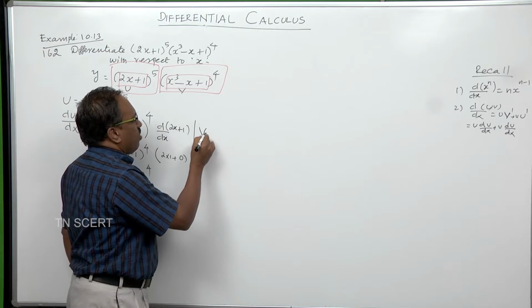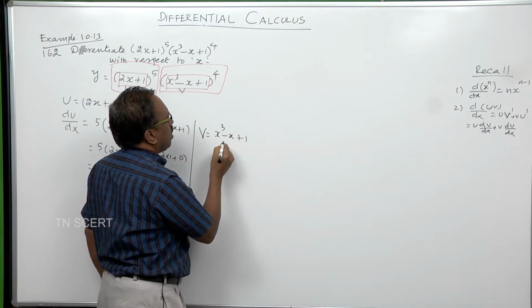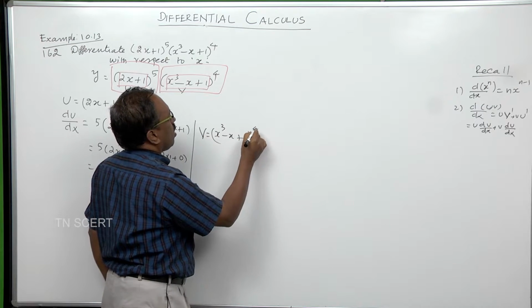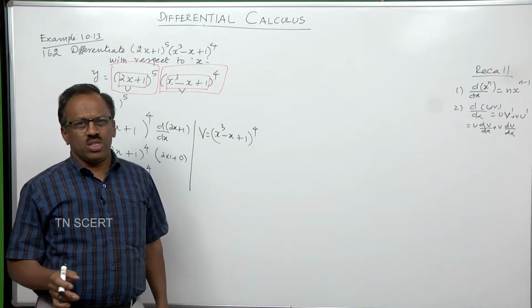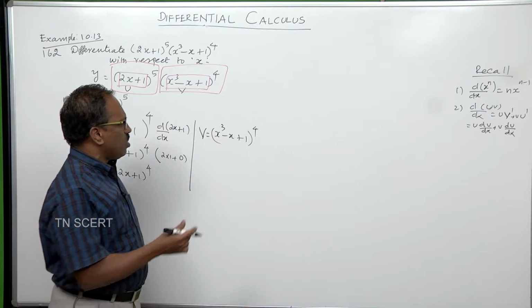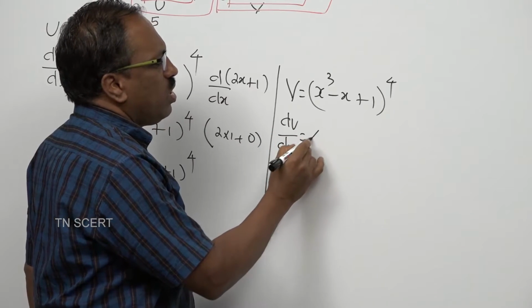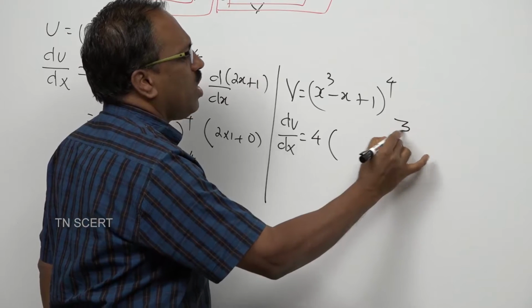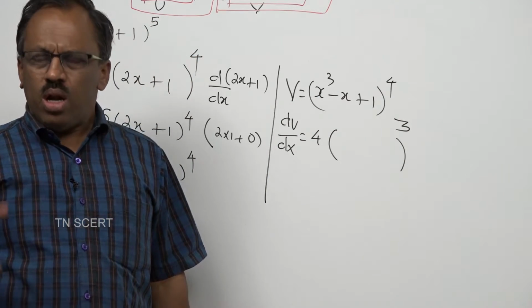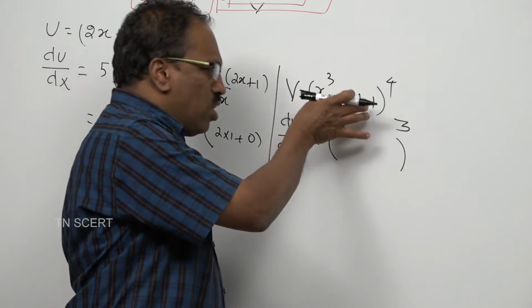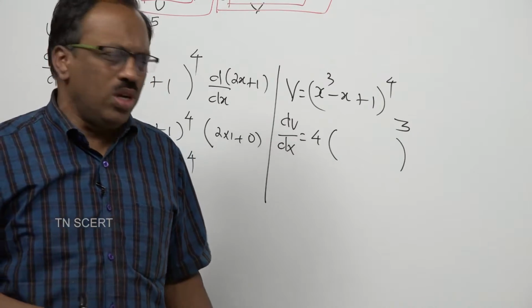So next you take v here, that is (x cube minus x plus 1) whole power 4. Here also, as I have said, it is involved with two functions. Involving two functions means we have to differentiate with the algebraic formula. So 4 whole power 3, n x power n minus 1. Is it over or not? Not yet, because the function is associated with another algebraic function, so you have to differentiate twice.